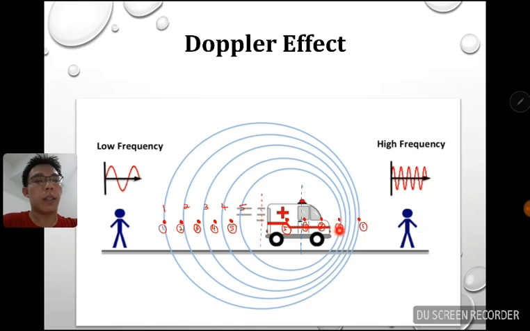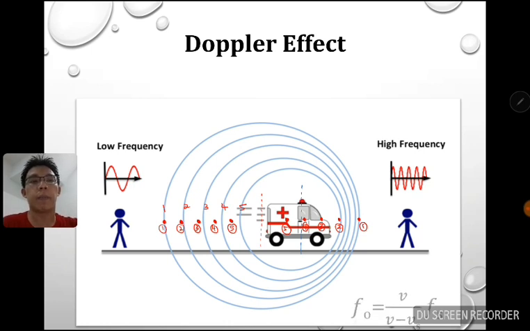On this side here, the distance between wave fronts decreases, which means the wavelength decreases and frequency increases. On the other side, the distance between wave fronts increases, so the wavelength increases and therefore the frequency decreases. So what you detected just now is that when it comes towards you, or towards the recorder of the video, it has increasing frequency, a higher pitch, and when it leaves or moves away, it has a lower frequency.